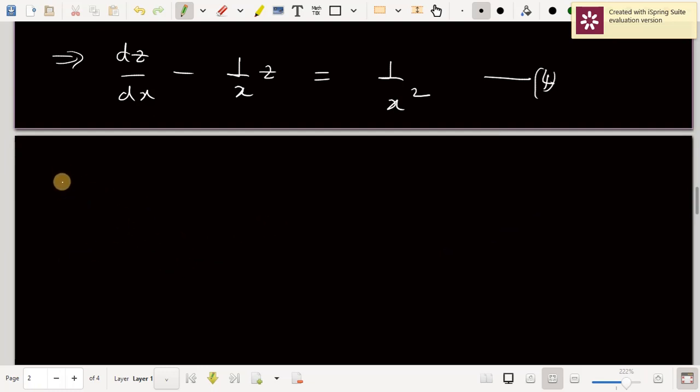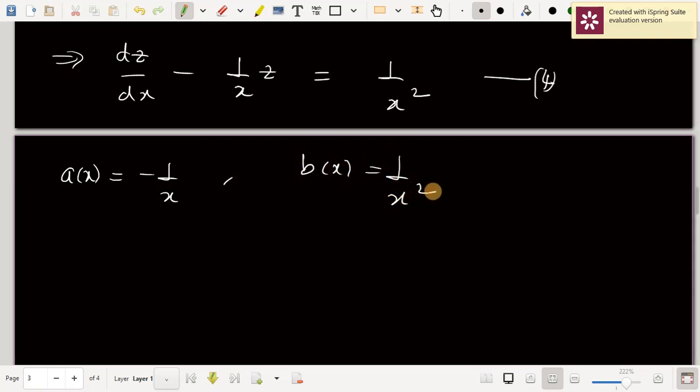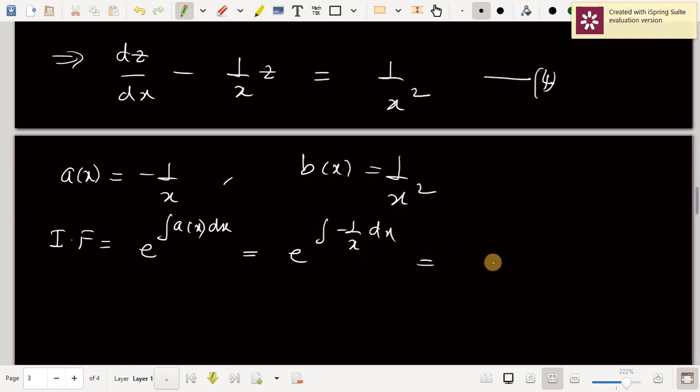Now here in this case, we will observe the integrating factor. So a of x, first of all, we write it as minus 1 by x. If I compare it to a linear equation, b of x is 1 by x square. So the integrating factor is e raised to integral of a of x dx, that's same as e raised to integral of minus 1 by x dx, and that's same as e raised to minus log of x, and that's same as 1 by x.